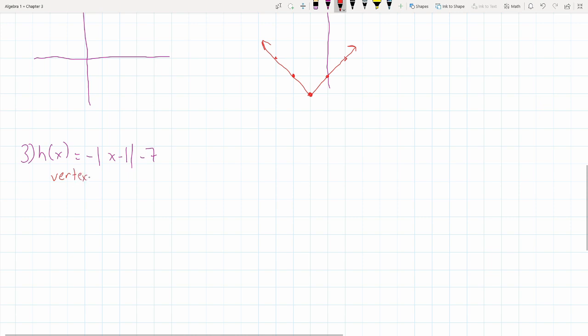Our vertex is still given by what makes the inside of the absolute value function 0, so in this case 1, and what's on the outside, so minus 7. And so transformation-wise, this says right 1, because this is a positive 1, down 7, and we haven't covered this yet, but this negative makes it open down.